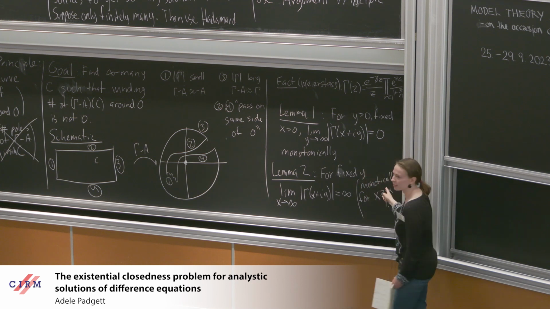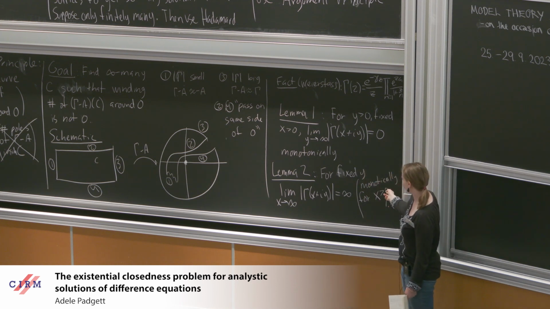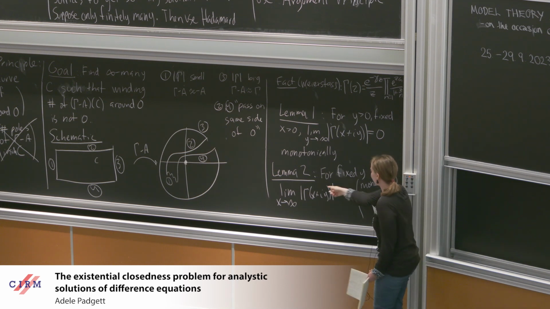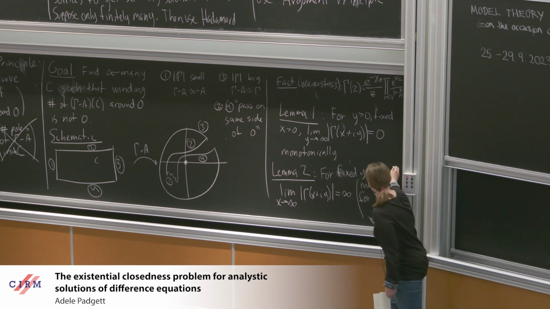This alpha is the unique positive real zero of gamma prime. But you just have to go a little bit far, and then this limit goes to infinity monotonically.